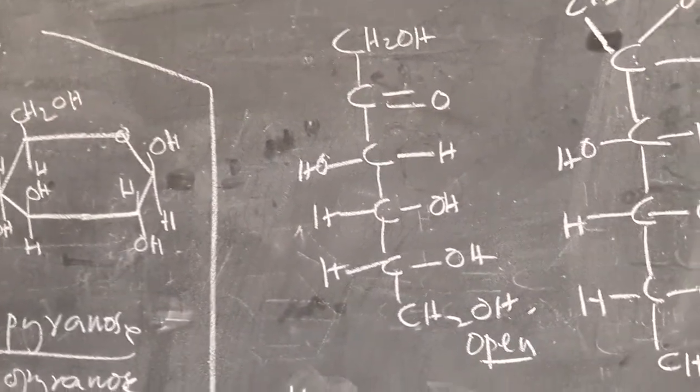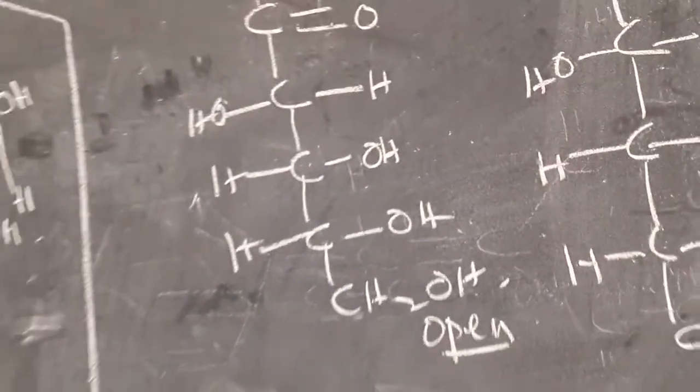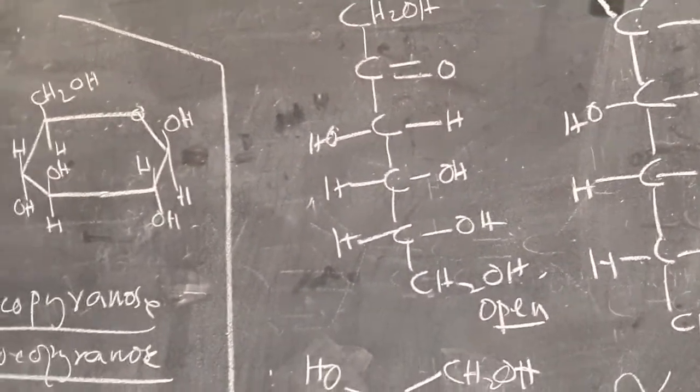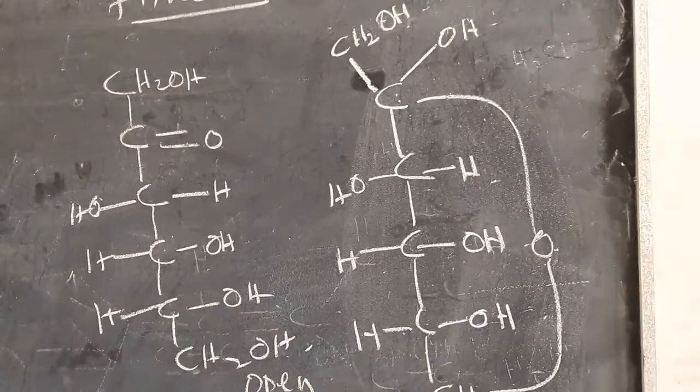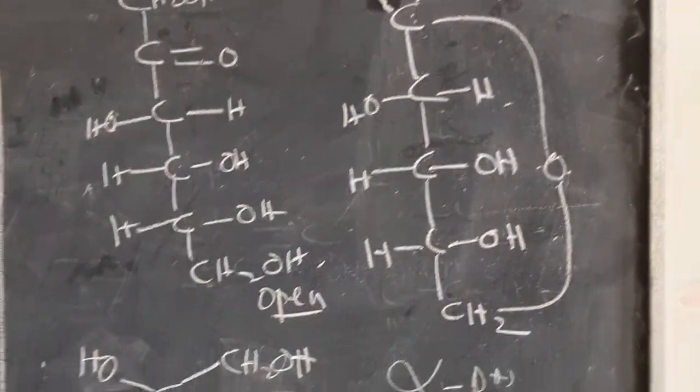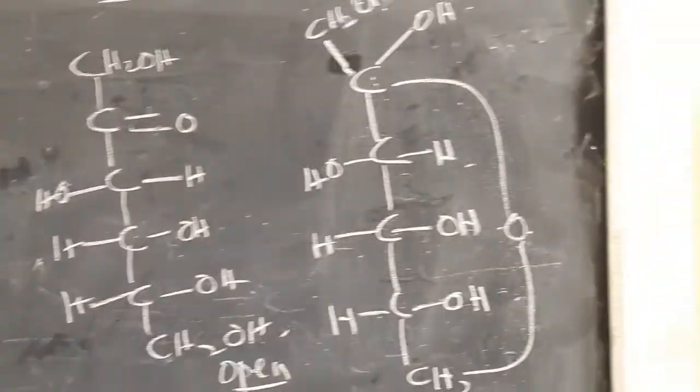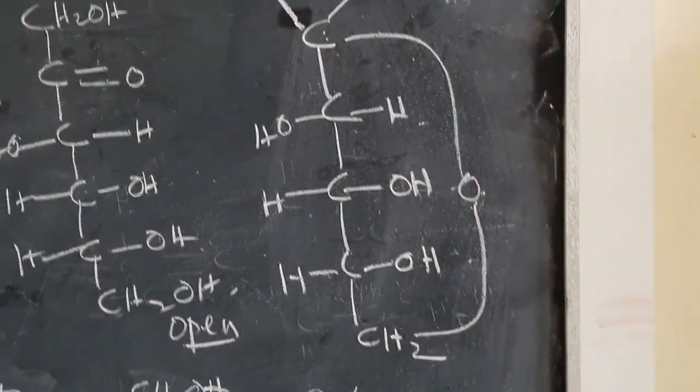That is the first. This structure is nothing but the open chain structure of fructose. And for this you have to write the closed chain, that is the ring structure of fructose. The ring structure of fructose actually happens here only. I will explain now.